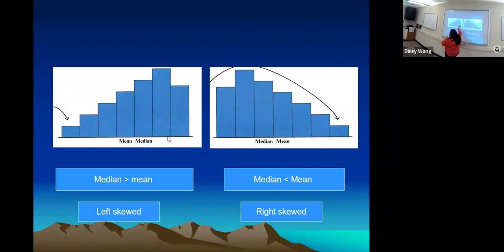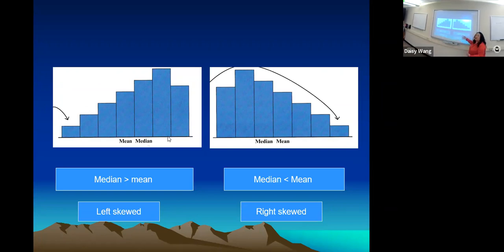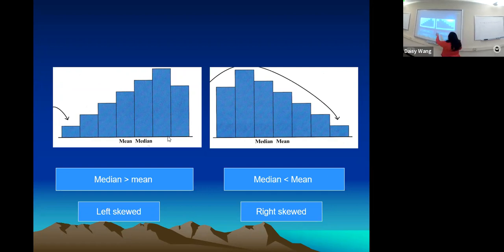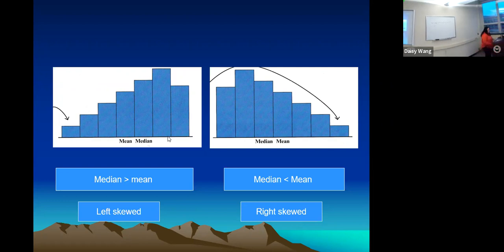But this one is more like income. The majority of people make this much, and there are some really rich people that make a lot of money, so they make the average higher than what the majority of people make. So the median is smaller than the mean. That's right skew. Those are the two different types of distribution.